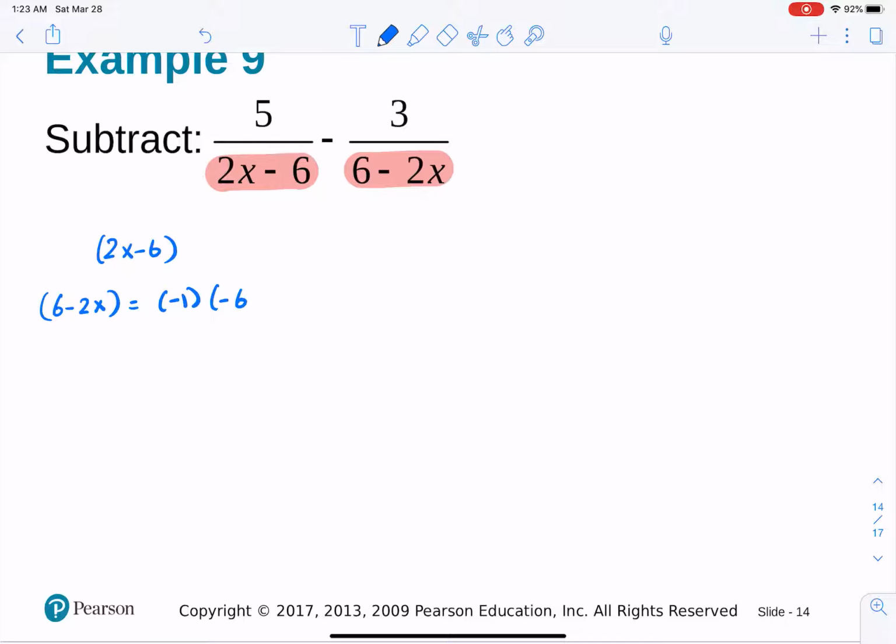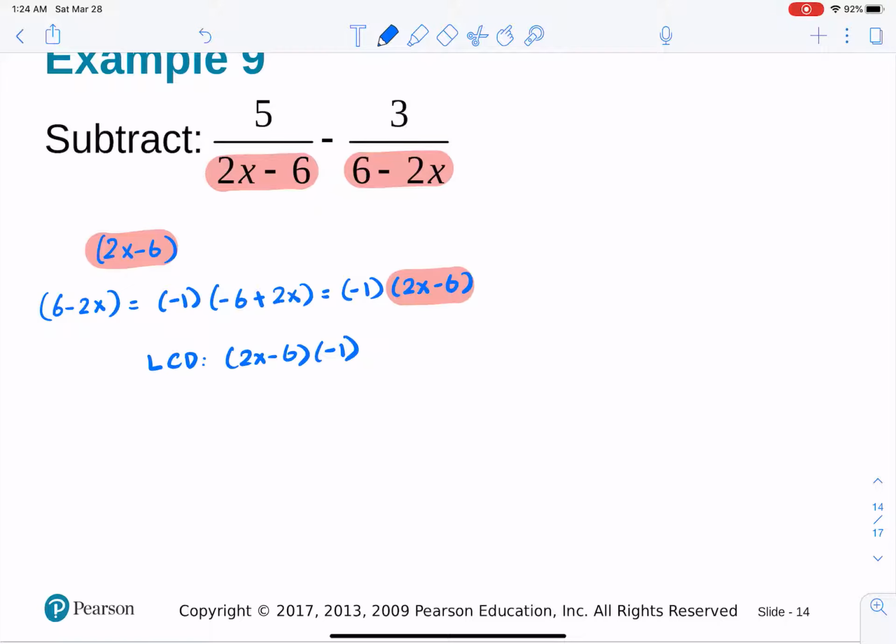Pull negative 1 out of negative 2x, I have positive 2x. So I have negative 1 times 2x minus 6. So the first denominator is 2x minus 6. The second one has 2x minus 6. The LCD is 2x minus 6. And negative 1 is not in common, so I simply put that down.